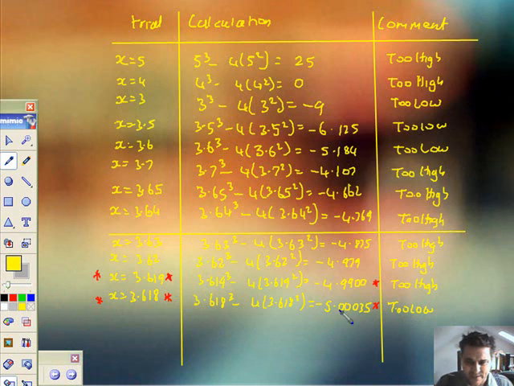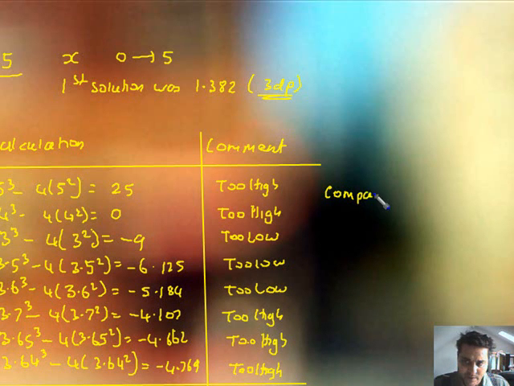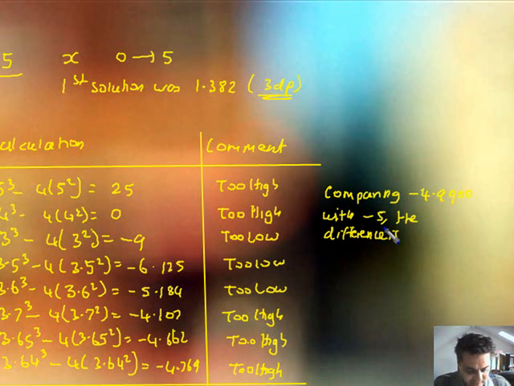I don't want to squeeze it there in case it gets a little bit too cramped. So here we go. Comparing minus 4.9900 with minus 5, the difference I calculated was only 0.01. Alright, so that's that.